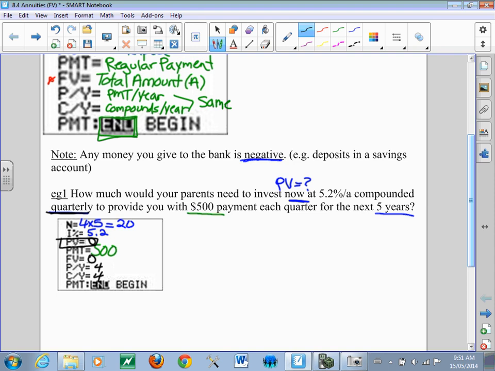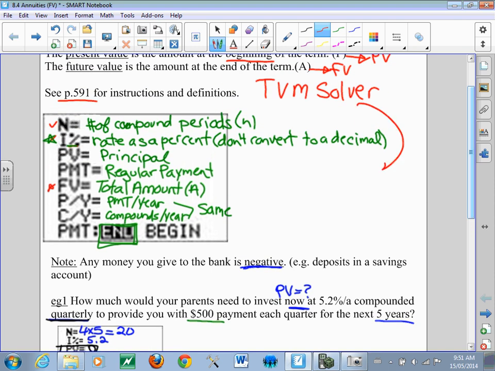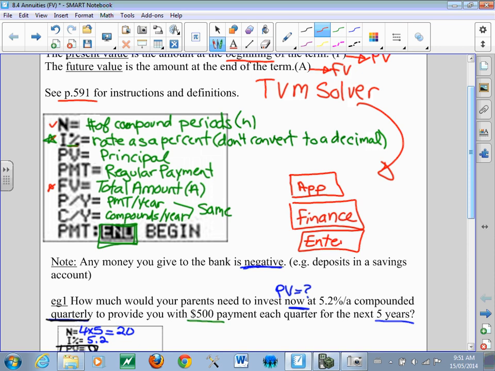First I'm going to say, how do you find this program on the graphing calculator? So I've got the TVM solver. To do that, ladies and gentlemen, you go to the app section. Look for finance, which is probably number 1 in many cases, and then just press enter and maybe enter again to get in. I'm going to pull mine up.